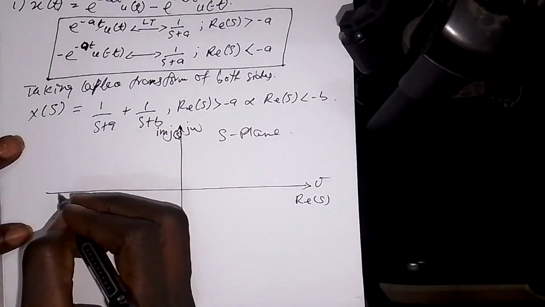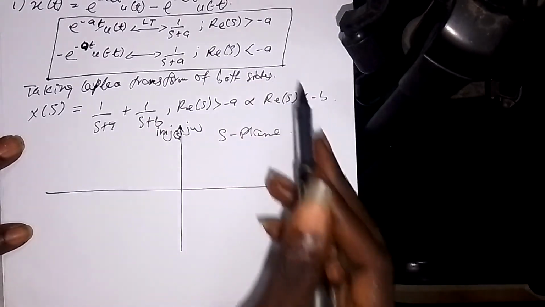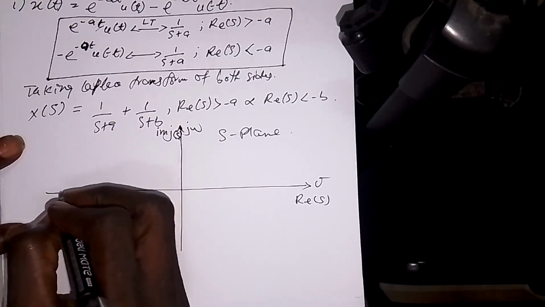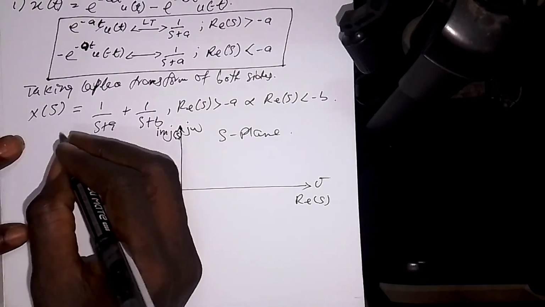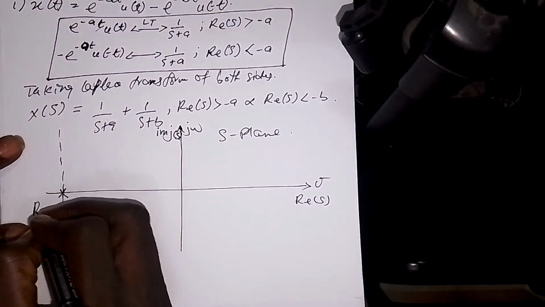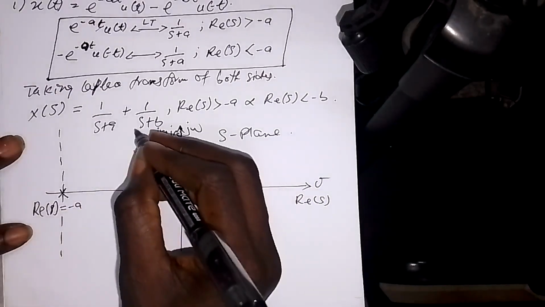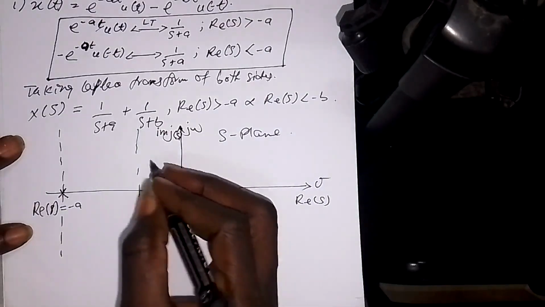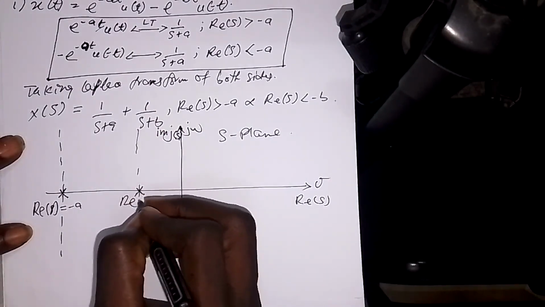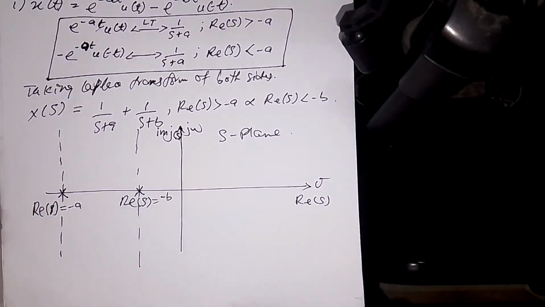So s equals minus a is here, and I have minus b here. Let me say real of s equals minus a, and here, minus b, real of s equals minus b.